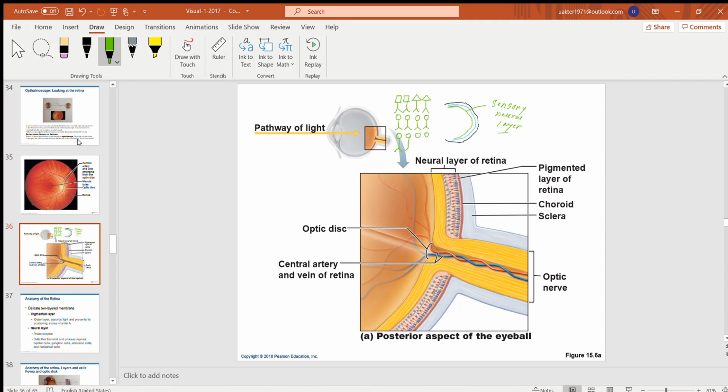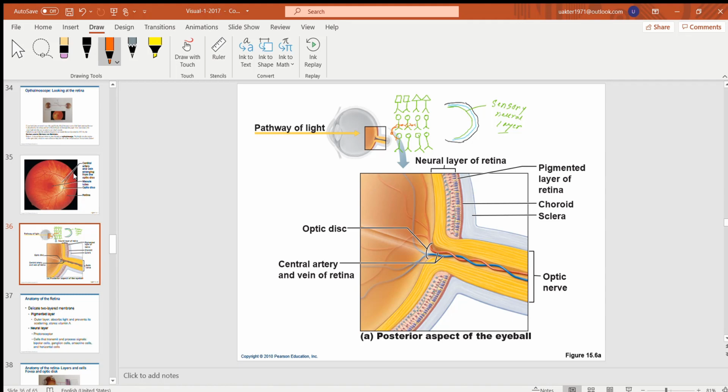And also you remember the horizontal and amacrine cells, through the inhibitory neurotransmitter GABA, regulate or modulate the signal. So you have also horizontal cells and the amacrine cells. So those are different types of cells.